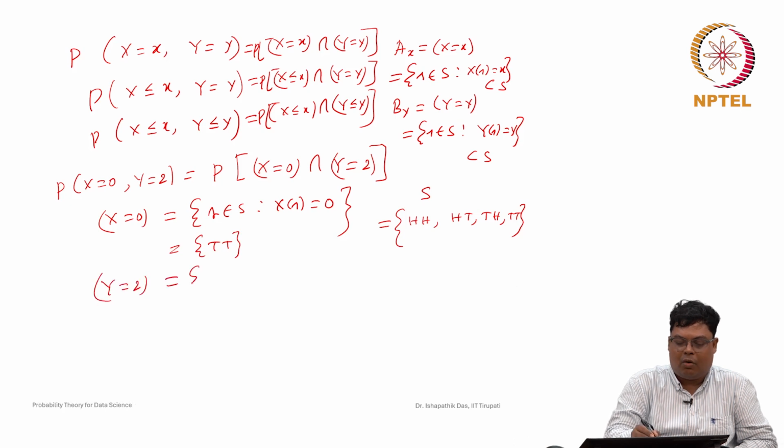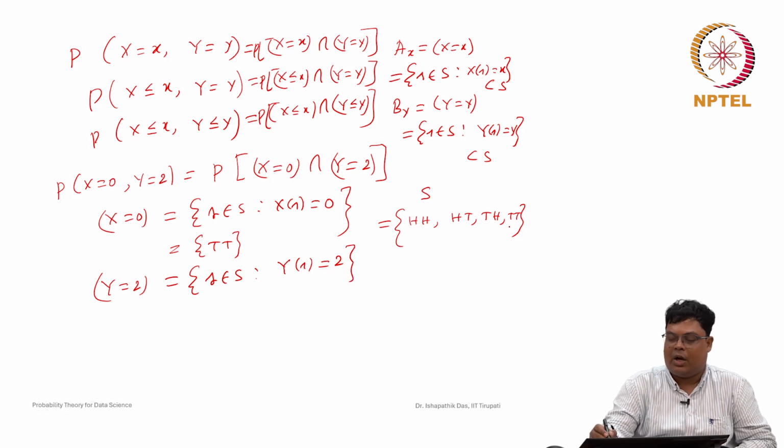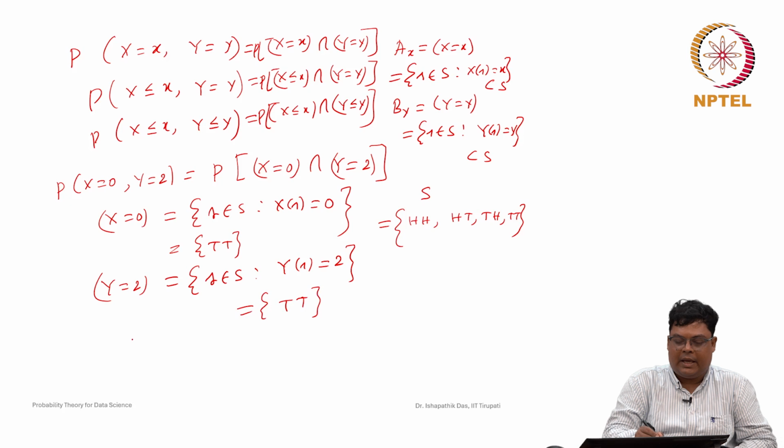Now how to find y is equal to 2? It is all s belonging to S such that y of s is equal to 2. Y is defined by the number of tails. So the number of tails being 2 is again tail tail. Then x is equal to 0 intersection y is equal to 2: both are the same in this example.